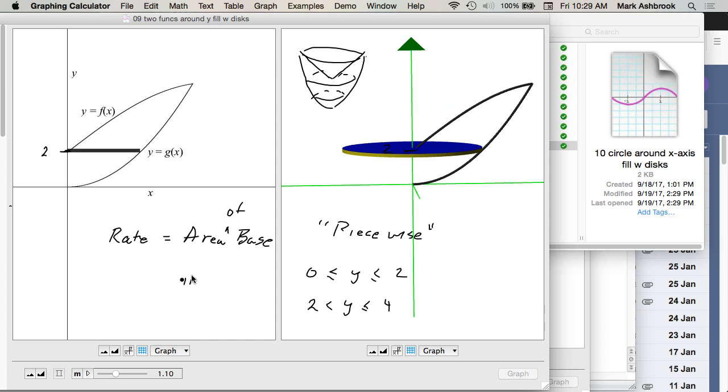And then what will it be from 2 to 4? Right. It's going to be that difference of areas, the difference of disk areas. So we'll have pi r outer squared minus pi r inner squared.